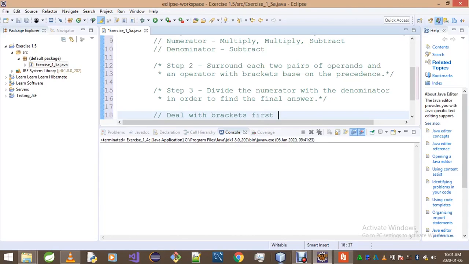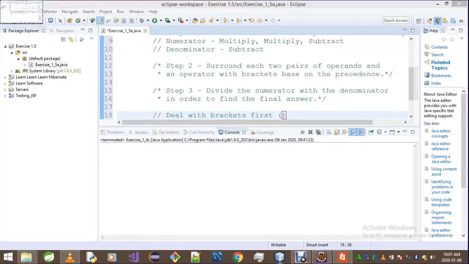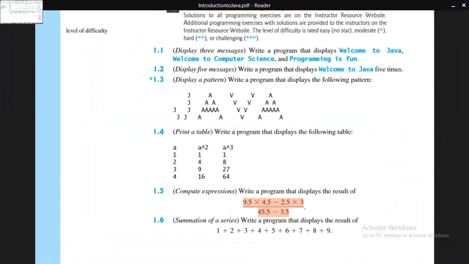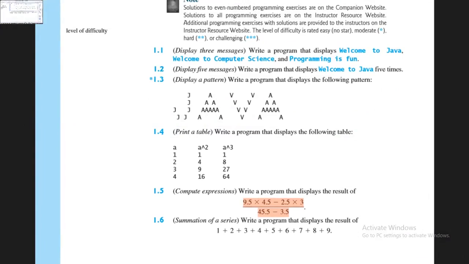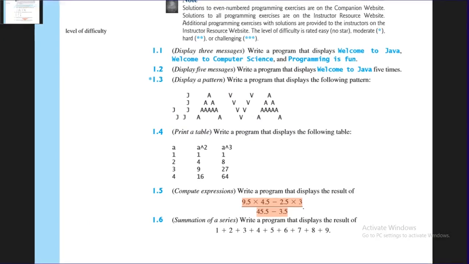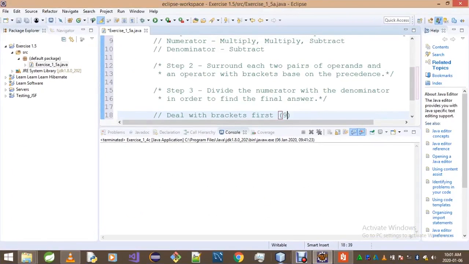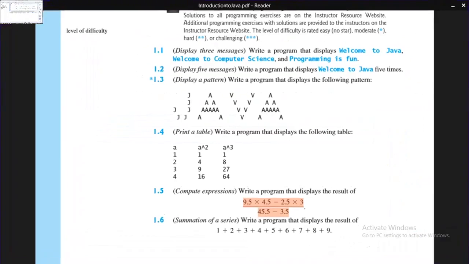So we're gonna have, let's see, it's gonna be 9.5 multiplied by 4.5. So we're gonna have 9.0 multiplied by 4.5. That's our first bracket. Our second bracket will contain 2.5 multiplied by 3.